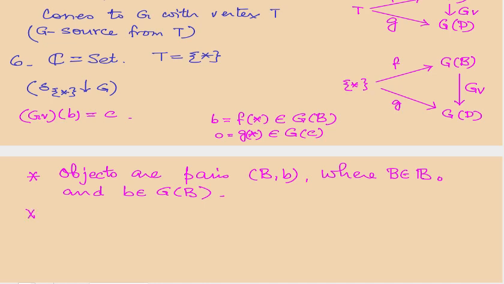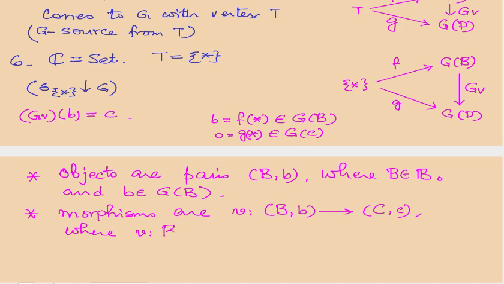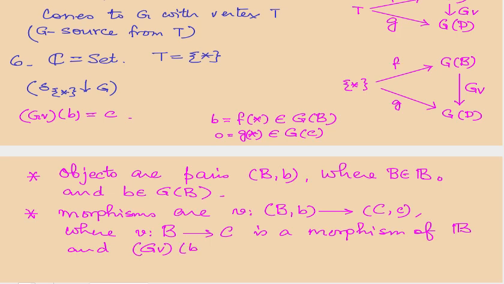and on the other hand the morphisms are where this is a morphism of B and GV of B is equal to C. Okay?